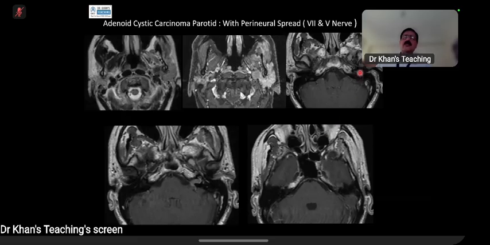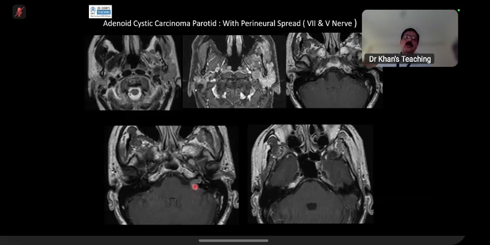This dot is the enhancing portion of the facial nerve, the descending, the mastoid portion. Here you can see that the tympanic portion is also enhancing. But more importantly, there is a lot of enhancement in the internal auditory meatus.